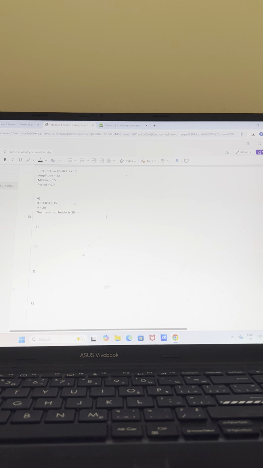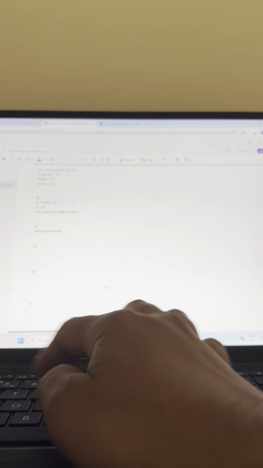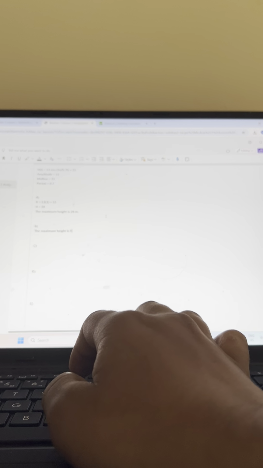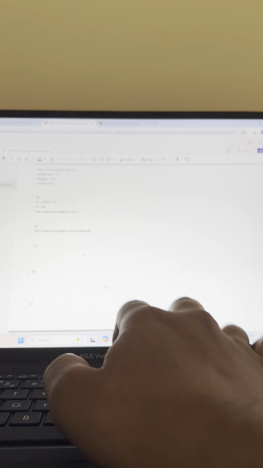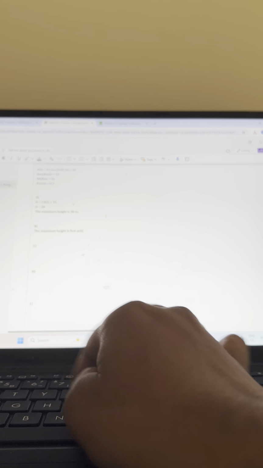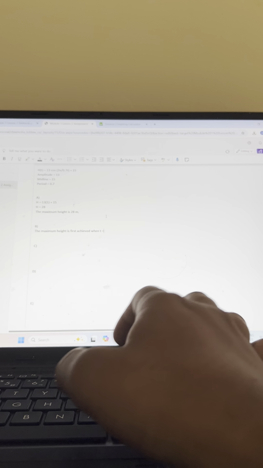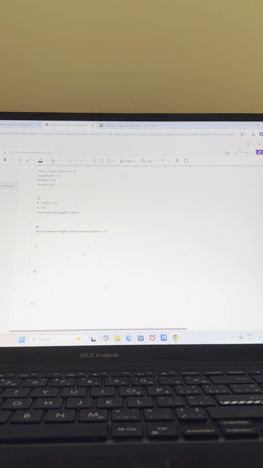So we can write: the maximum height is first achieved when t equals 0, and the cosine is max at t equals 0.